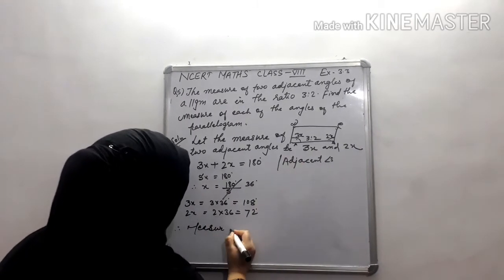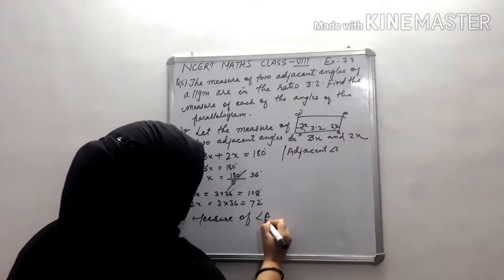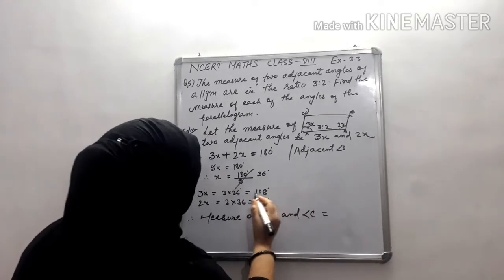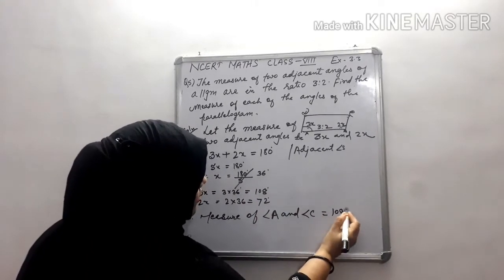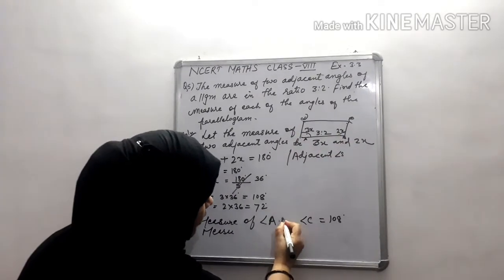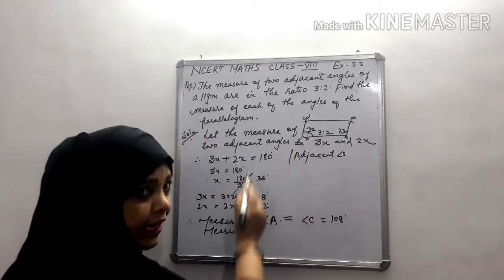Measure of angle A and angle C are opposite. And angle C is equal to what? This is 108 degree. And measure of angle A is equal to measure of angle C. So write down here, angle A is equal to what? 108 degree because this is 3x. Okay?